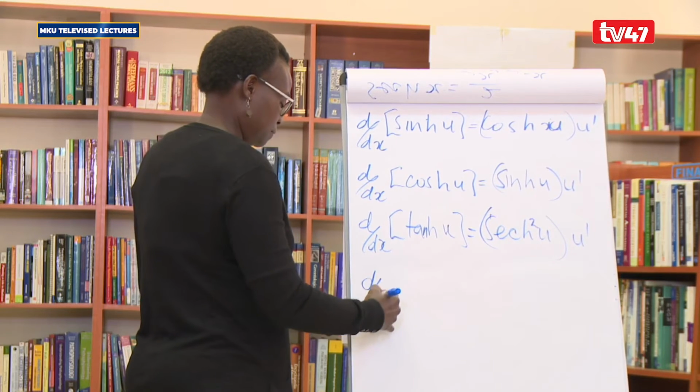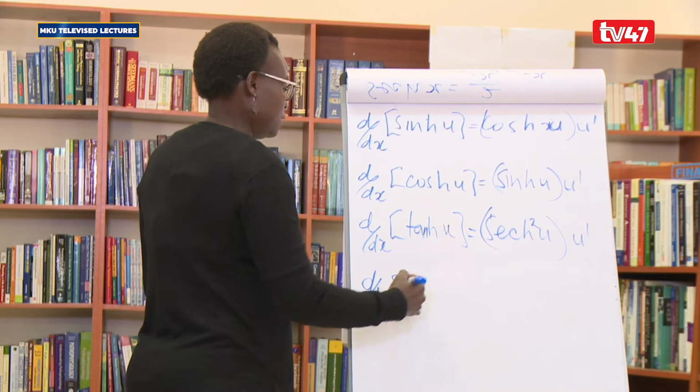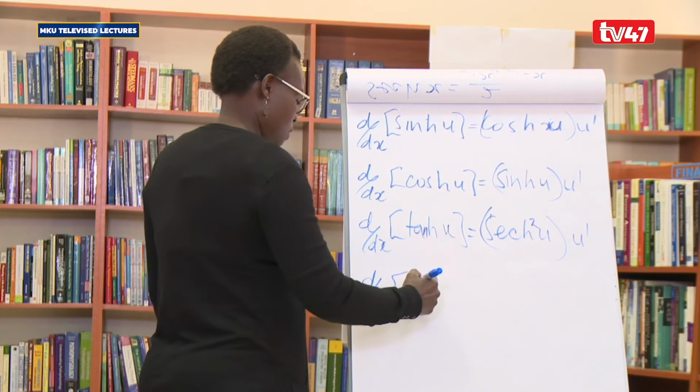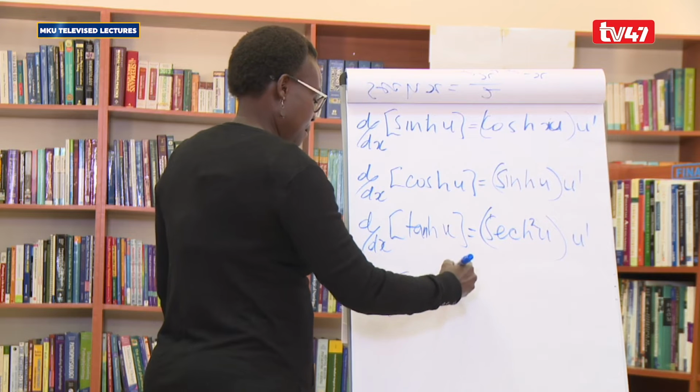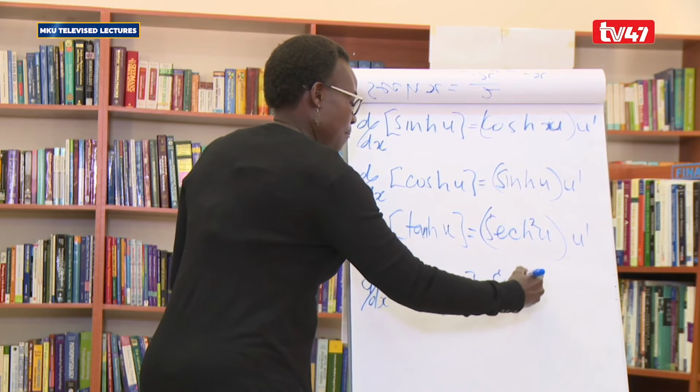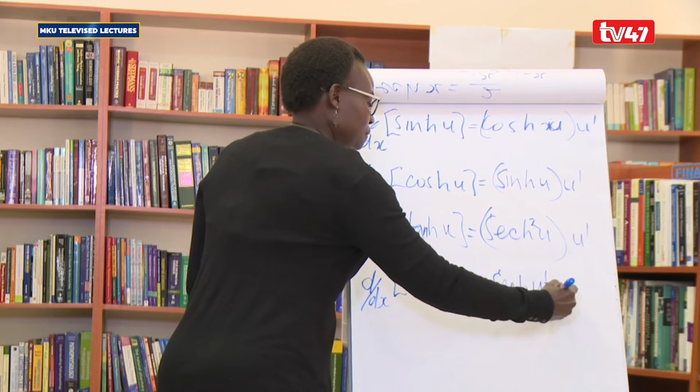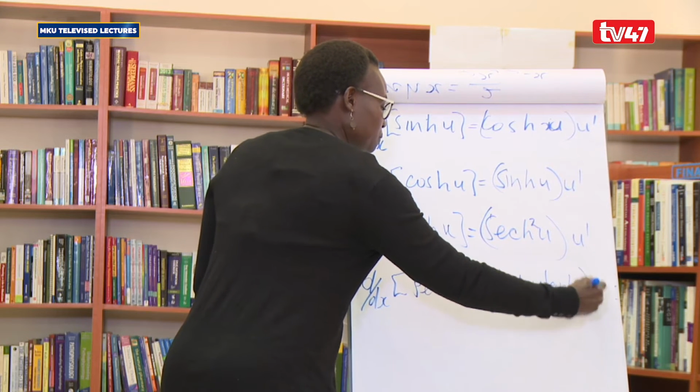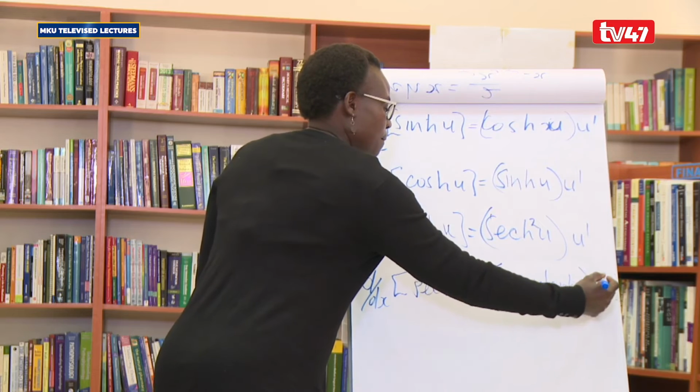and then the derivative of sec hyperbolic u will give us negative sec hyperbolic u tan hyperbolic u, u bar.